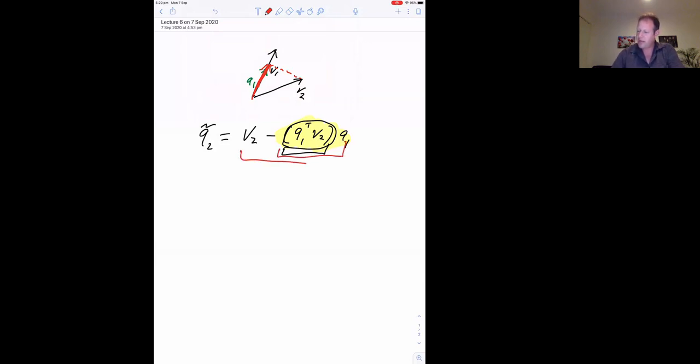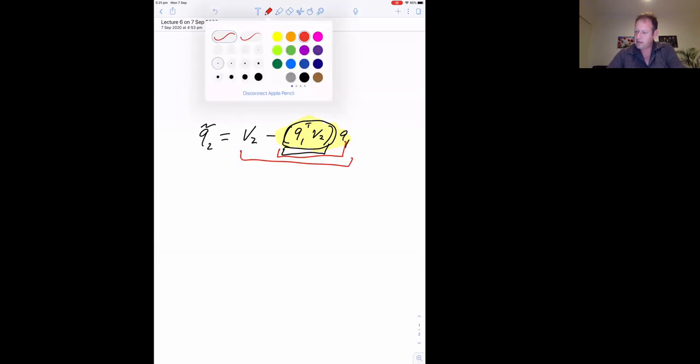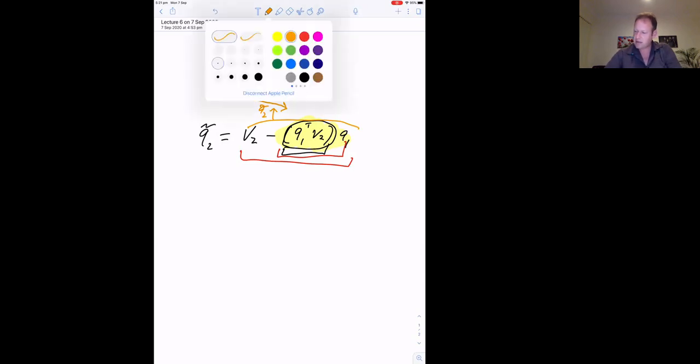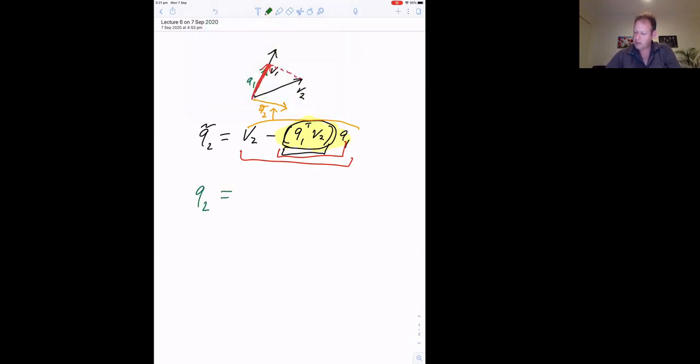So the vector that we get is going to be something like this, and that's q2 tilde. Then the next step is to take, let's make it green, q2 as q2 tilde divided by the norm of q2 tilde, so we normalize it again.